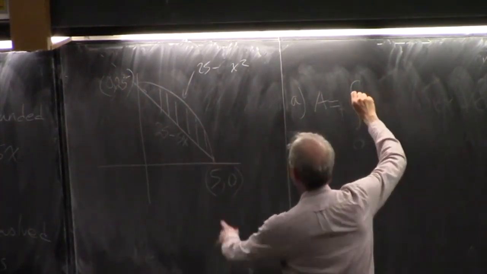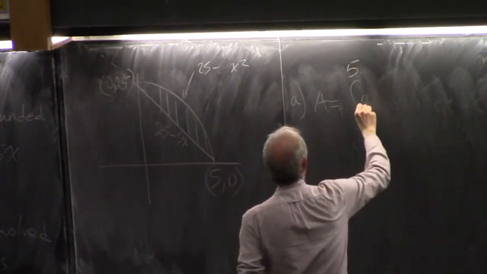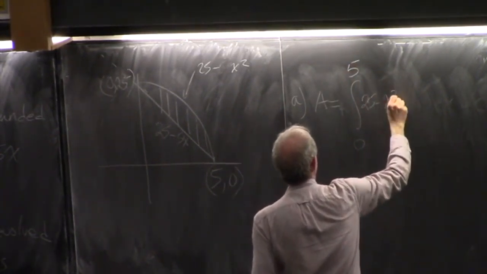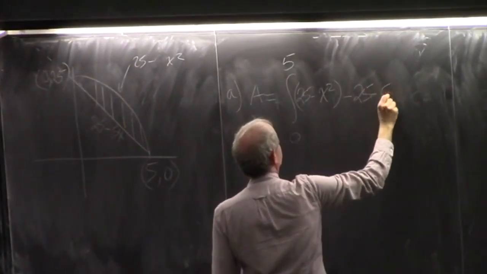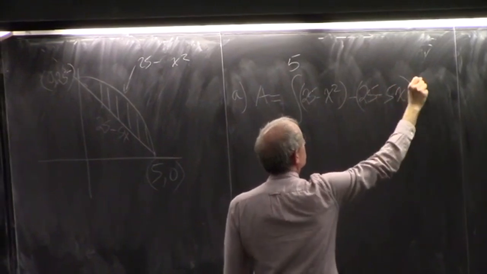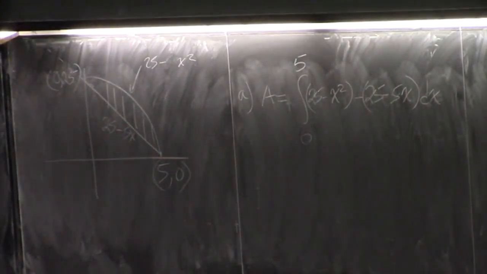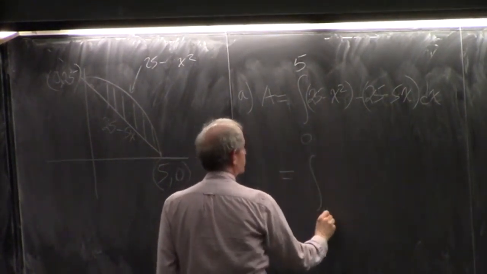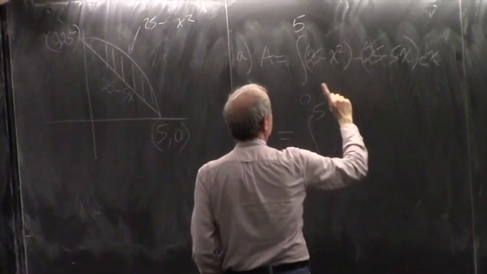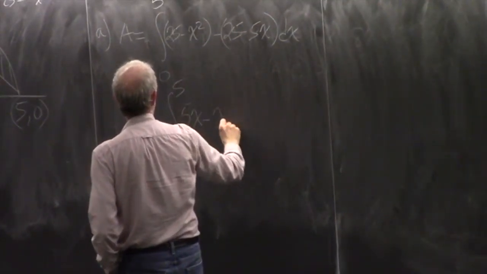So we're going to integrate from x equals 0 to x equals 5, top curve minus bottom curve dx. I'm not really that interested in you doing the actual integration, but since we're here, the integral from 0 to 5 of 5x minus x squared.